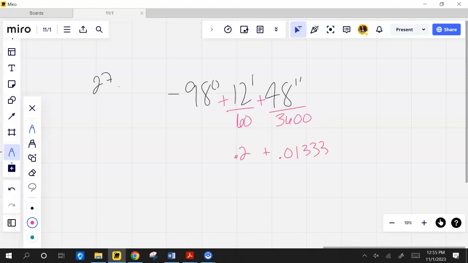Three. No, I think that's probably right. I round it off, but yeah.